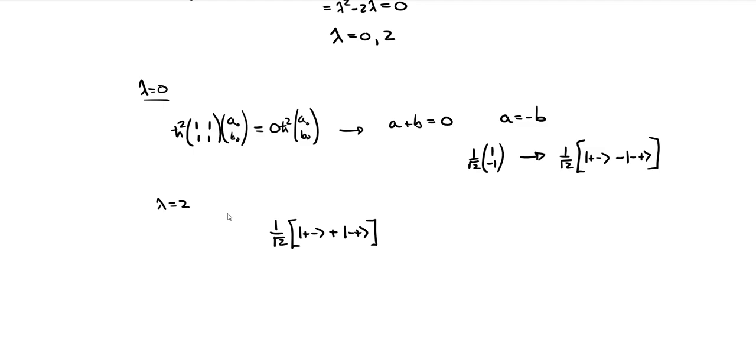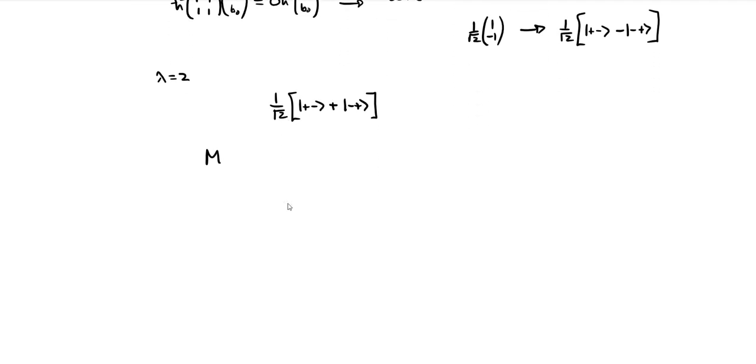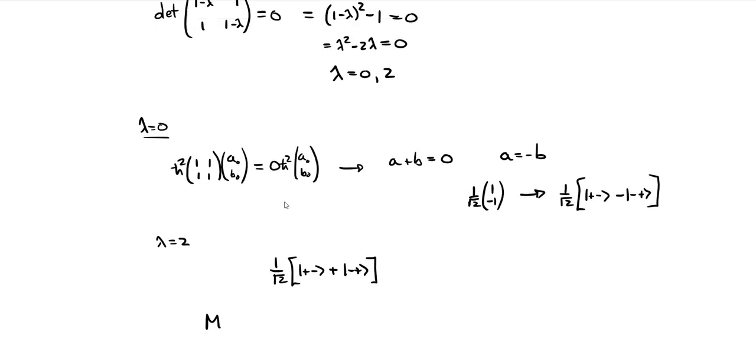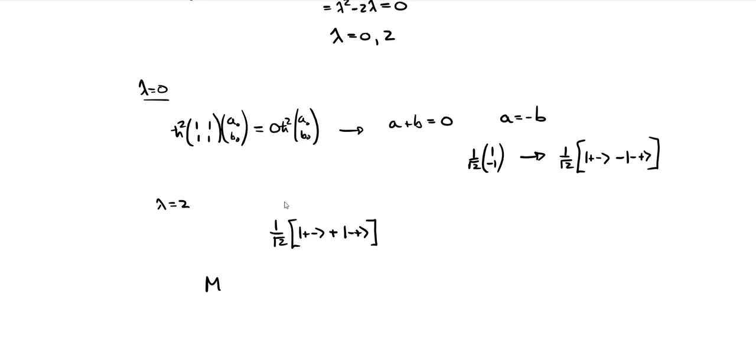Now, if we have these eigenvectors, we can identify what the m quantum number is going to be for these states, and then we'll have the quantum numbers for the coupled basis and what they equal in the uncoupled basis. So again, for lambda equals 0, the f operator operating on this vector gives us the eigenvalue 0.